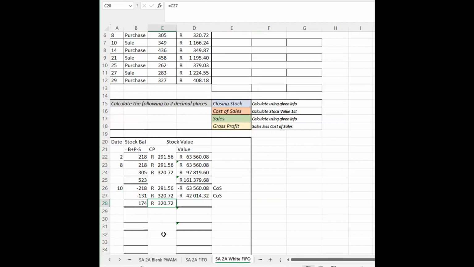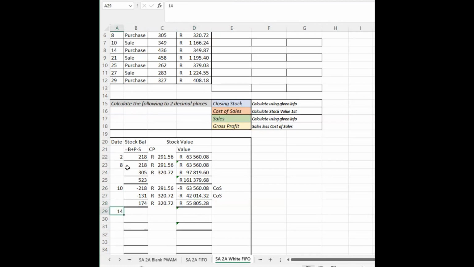They all were bought at 320. Our total stock value now is 55,805. And because it's only the expensive ones that we have in stock, this stock value here will now be a little more than the stock value was when we did the perpetual weighted average method.